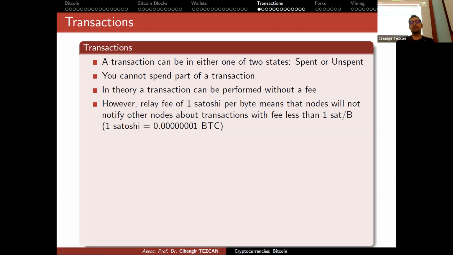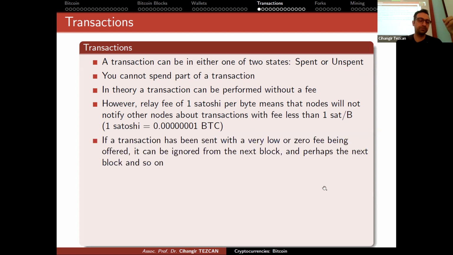But if your transaction fee is less than 1 Satoshi per byte, those nodes most probably will not relay your message. So in practice, you cannot make a transaction with 0 fees, okay? You have to determine a fee. In the following slides, I will show a screenshot from a time where paying like 3 or 4 Satoshis per byte was enough to be included in the first block.